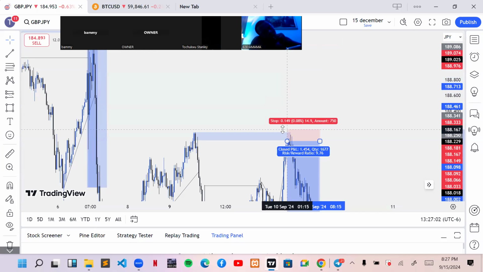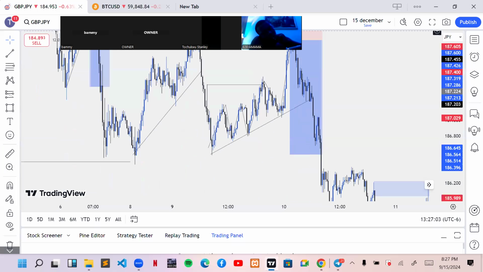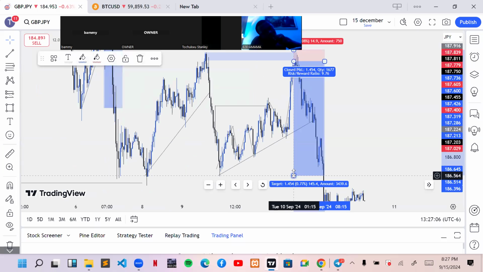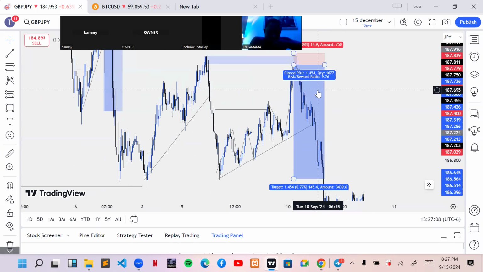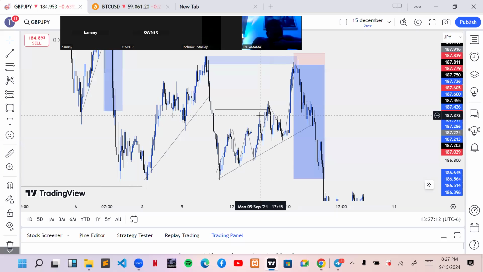If you put your stop loss here, your TP should target the entire trend line liquidity right here. This trade is a 1:9.7 risk to reward ratio. If you're risking $100 on this trade, you'll be making $970. If you're risking $20, you'll be making $1,800 and something dollars with just one single setup, by understanding market structure, understanding liquidity, and understanding point of interest.